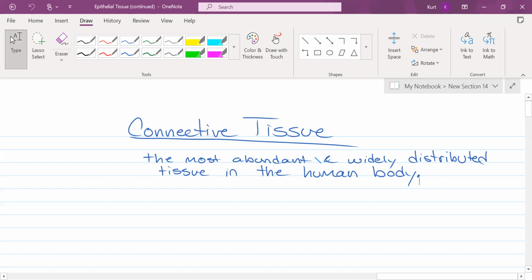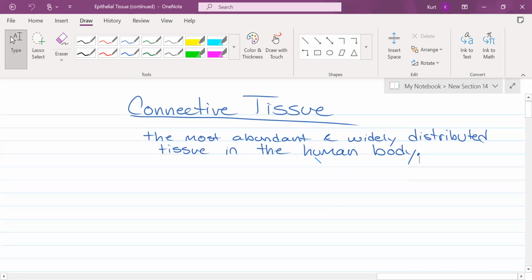There are four main classes of connective tissue and then several subclasses of them. So this video is just going to be a roster of all of them.